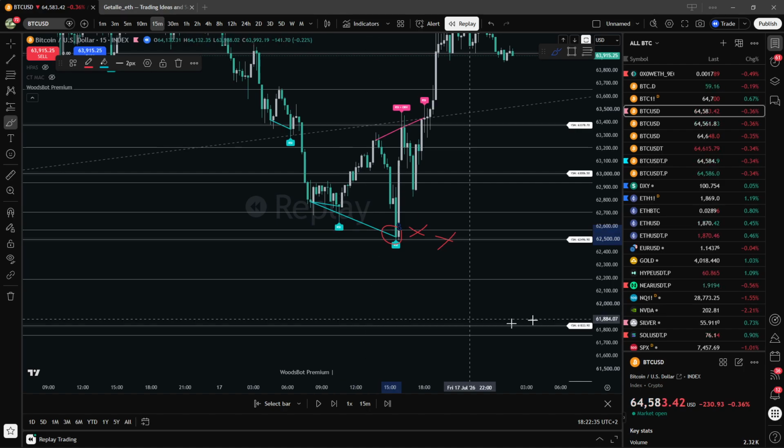You can see how this Fibonacci, Woodsbot levels, and bullish divergence was the perfect entry for your long. And I made that long. I was able to long this so perfectly thanks to higher time frame levels but lower time frame execution.